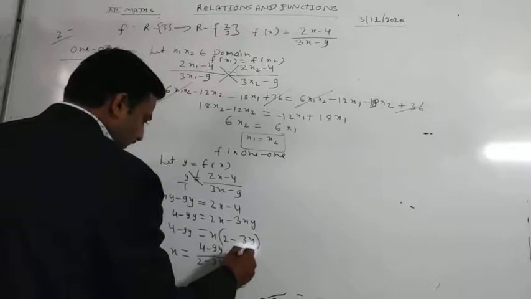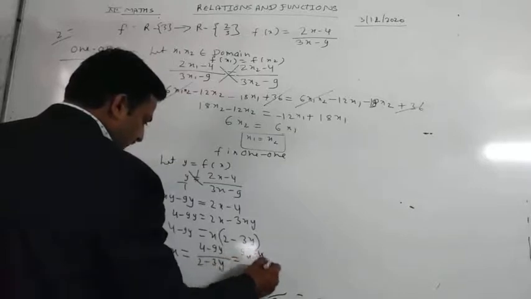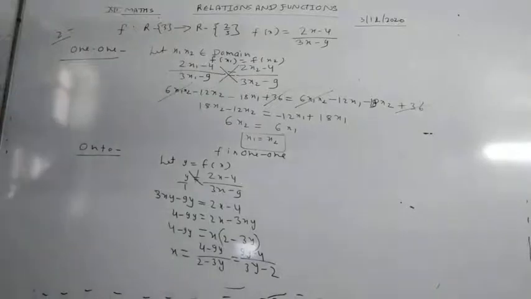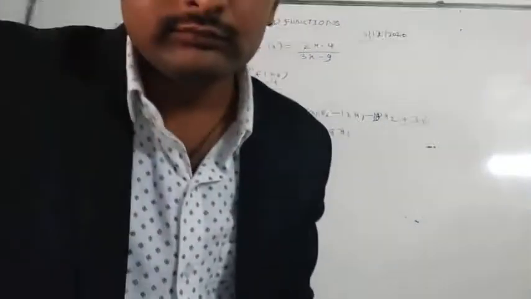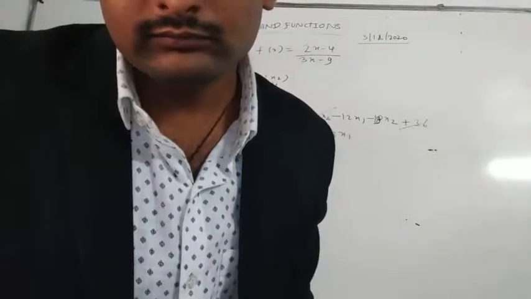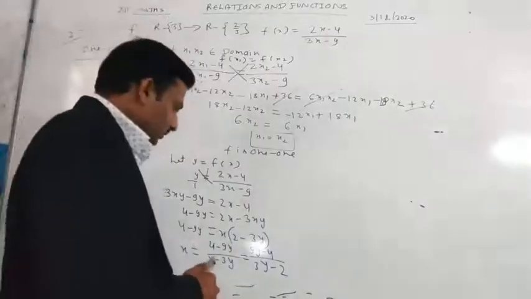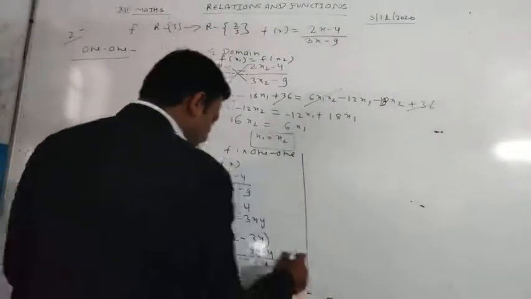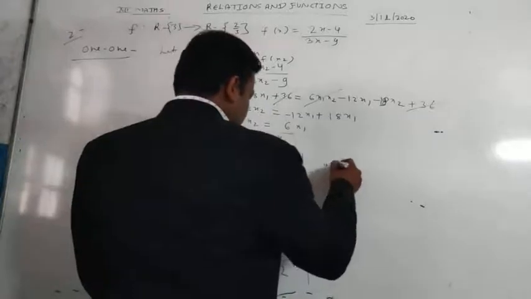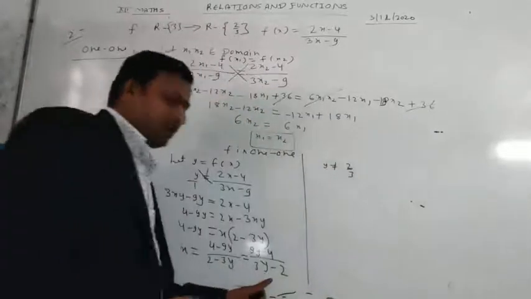It can also be written as (9y minus 4) by (3y minus 2). So x is (9y minus 4) by (3y minus 2). From here it is obvious that our y cannot be 2 by 3.